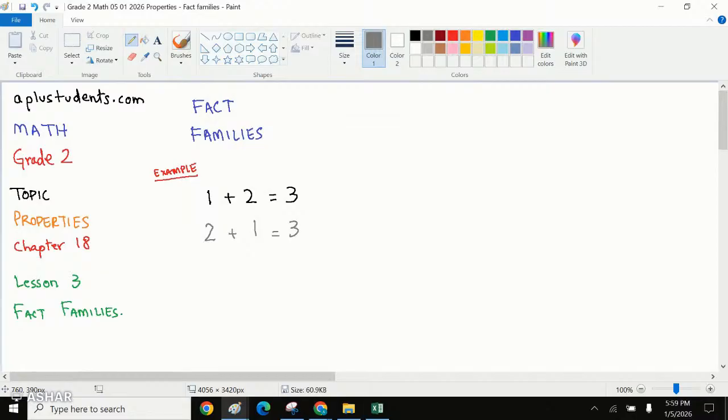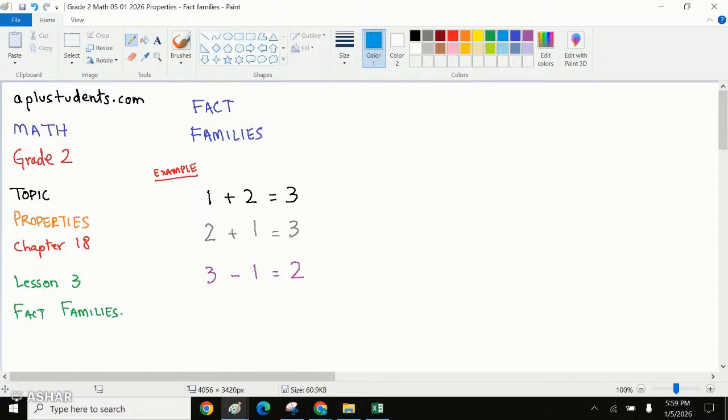But now what we need to see is the subtraction part. We have done the addition part. We need to look at the subtraction part, right? So can I say that 3 minus the first number, 3 minus 1, would always be equal to 2. Agreed?